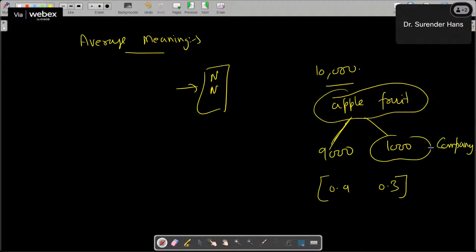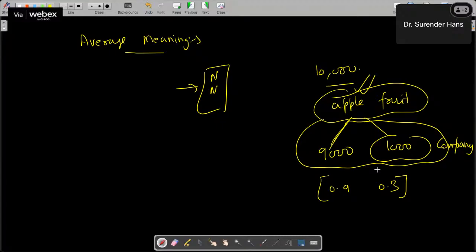So it depends upon the data set. That is the average meaning of the apple, this word in this whole data set, as a fruit is more. So it depends upon the data also.